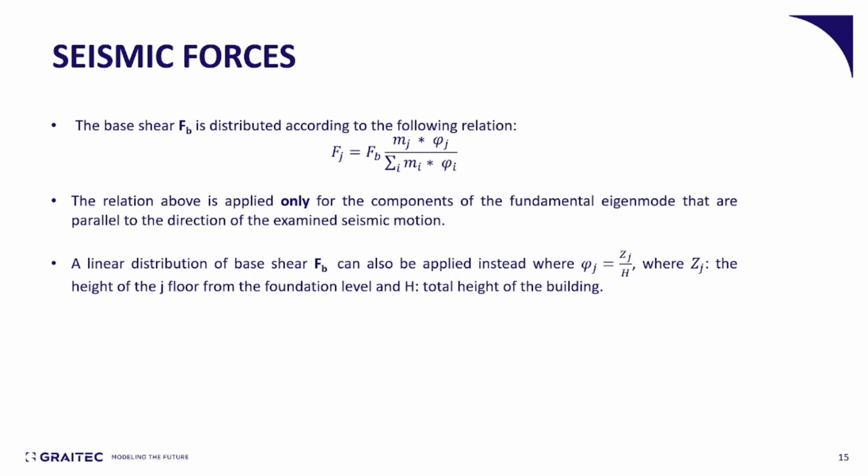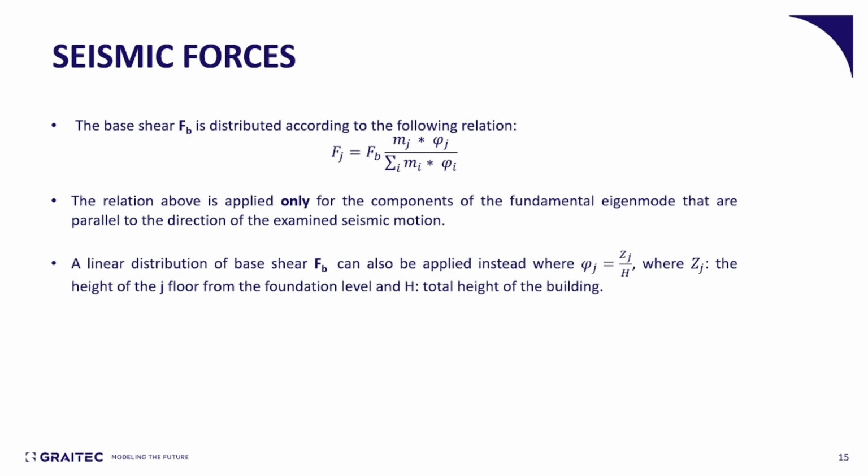In this case, the seismic forces are given by this equation, and they are a percentage, basically, of the base shear FB. And the relationship above is applied only for the components of the fundamental eigenmode that are parallel to the direction of the examined seismic motion.